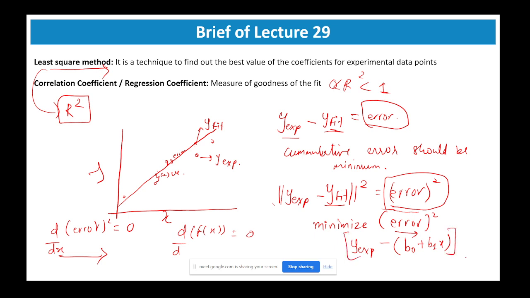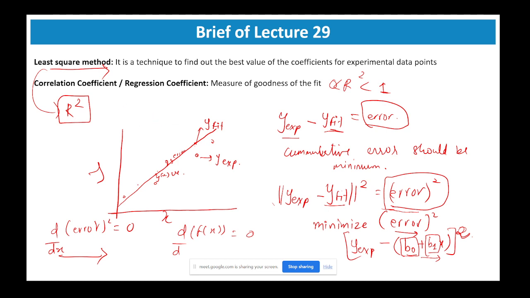Then you need to square this and minimize this function to find out the b0 and b1 values, which are said to be the best fit for this experimental data. Likewise you can have other fits also.